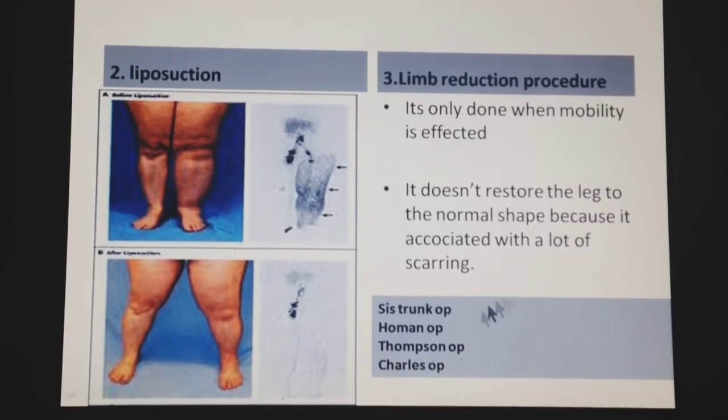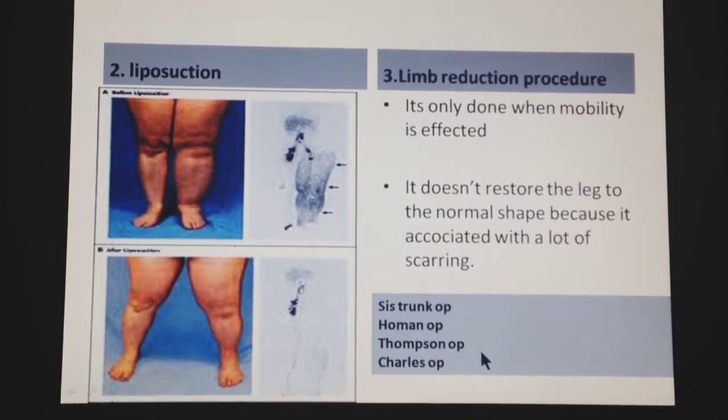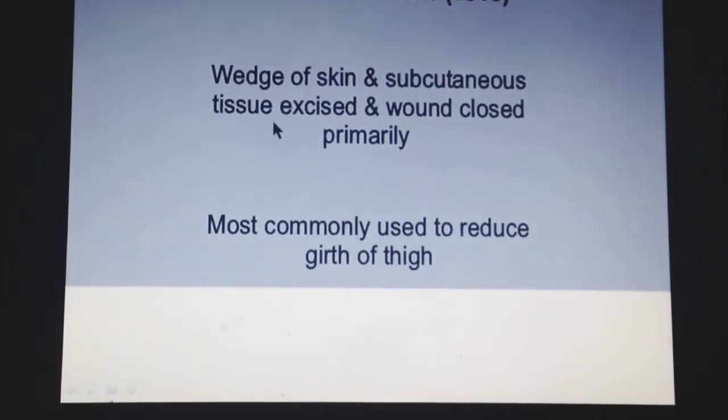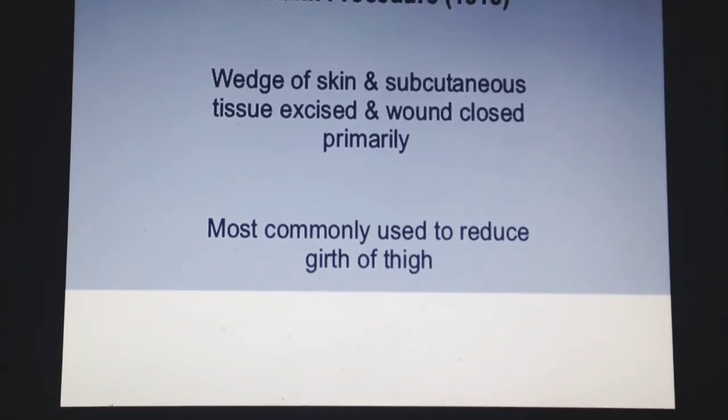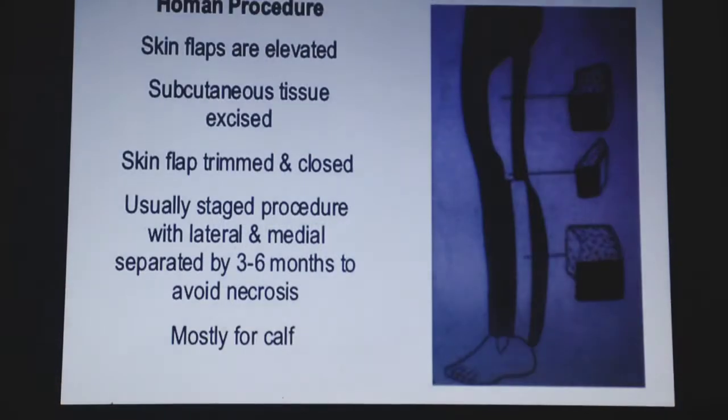The common operations done in limb reduction surgery are the Sistrunk operation, Homans operation, Thompson operation, and Charles operation. Sistrunk operation, do not confuse it with the thyroglossal cyst operation. It is quite different from this one. In this, a wedge of skin and subcutaneous tissue is excised and the wound is closed primarily, most commonly used to reduce the girth of the thigh.